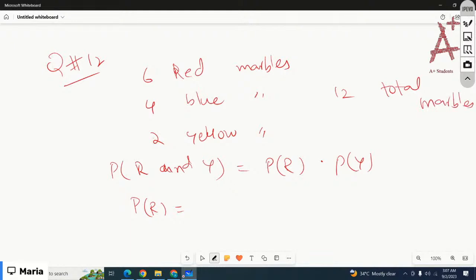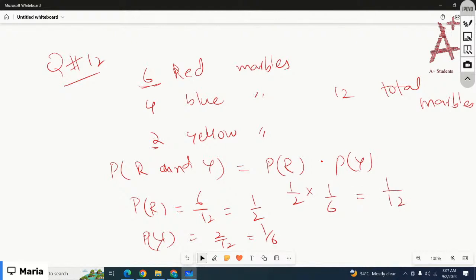So 6 of the marbles are red, so the probability of red is 6 out of 12, or 1 over 2. And 2 of the marbles are yellow, so the probability of yellow is 2 out of 12, or 1 out of 6. To calculate the probability of red and yellow, you multiply both probabilities: 1 by 2 times 1 by 6. It would be 1 over 12. That is the probability of red and yellow, right?